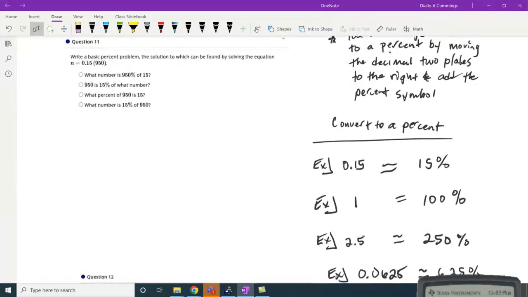If we take a look at problem number 11, we're given an equation, and that equation says n is equal to 0.15 times 950, and we're asked to write it out in words. This is what we've been looking at up to this point: the percent equation, which is is over of, is equal to the percent over 100.